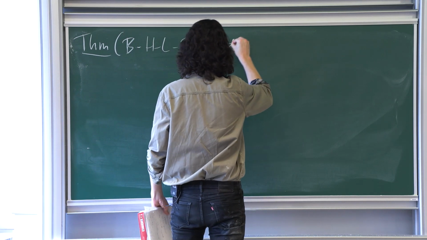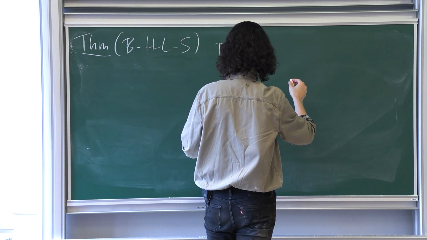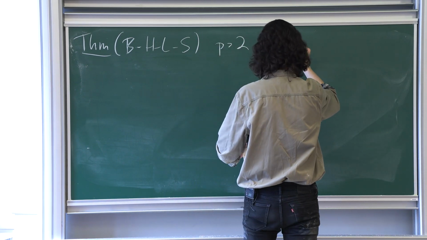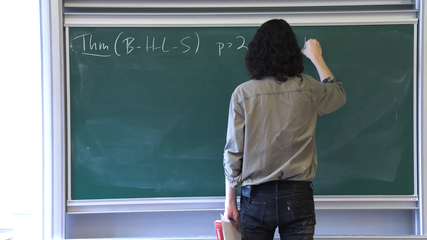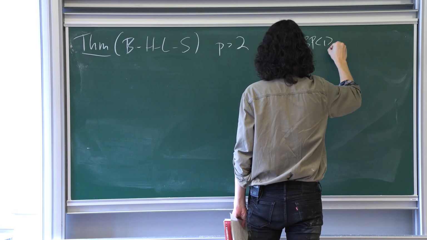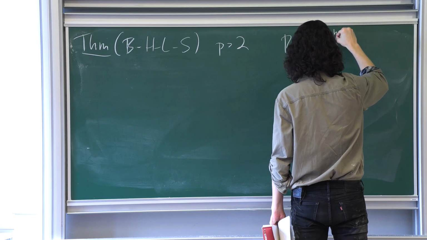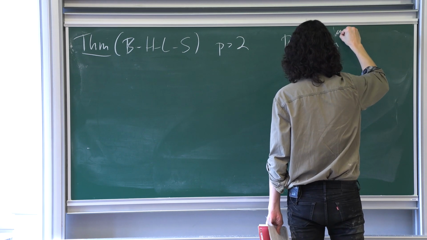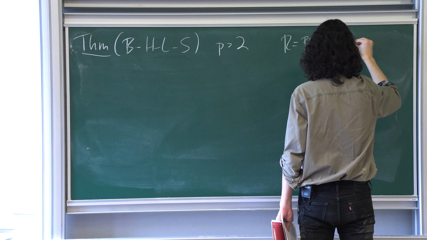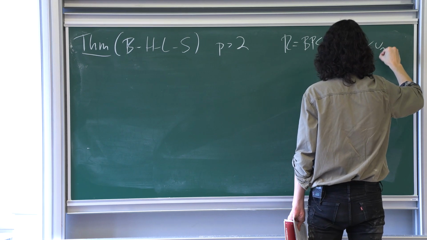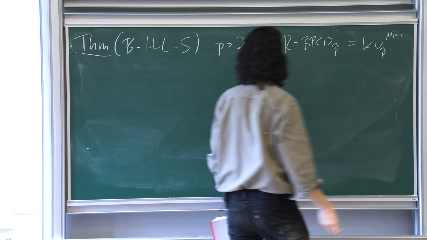So I'm going to take p odd, and I'm going to take R to be this BP1 with a p completion, and then I'm going to take the orbits for mu p minus 1, which is KU p completed and the orbits for mu p minus 1.